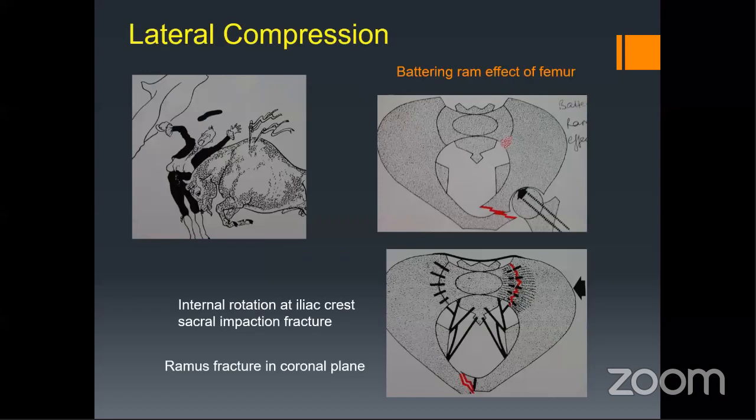So you get an internal rotation effect at the iliac crest. Quite commonly, you'll see a sacral impaction fracture. And the ramus fracture, if you're looking in the axial plane on a CT scan, tends to look fairly horizontal, and that's a key giveaway in terms of what the mechanism of injury might be.